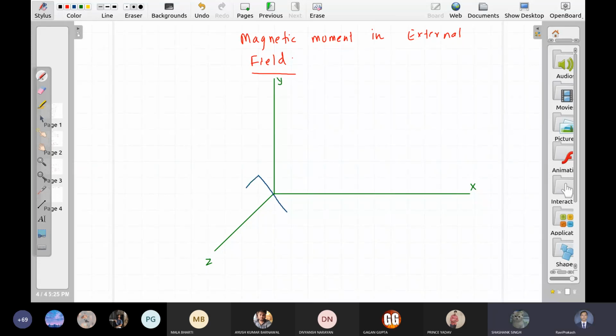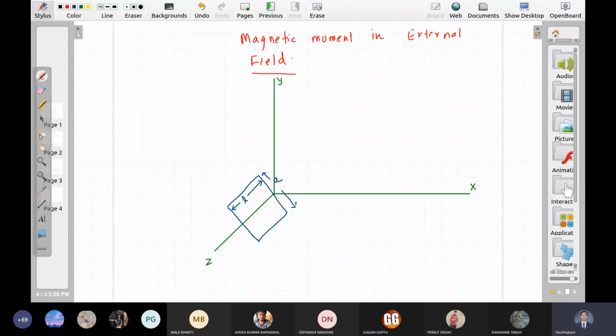So this is a rectangular loop. ये एक rectangular loop है. The width is a, ये जो width है इसका ये a है, and this length is l, इसकी length l है. So you can assume that this rectangular loop is placed on the z-axis and it is making some angle from the y-axis.